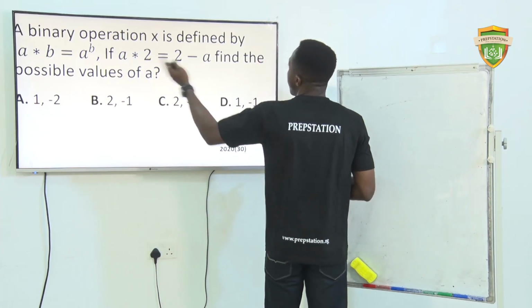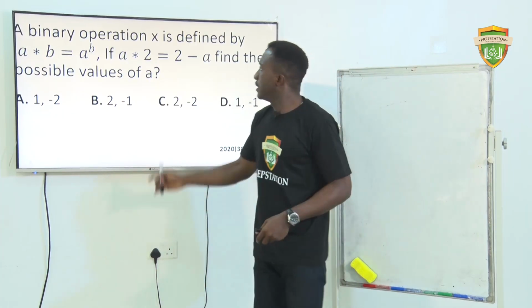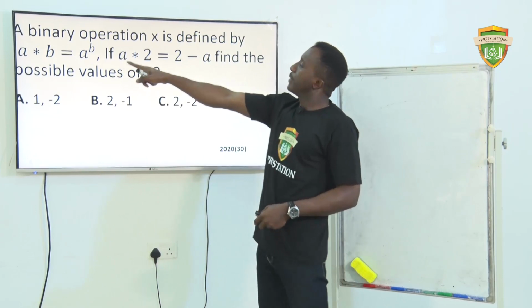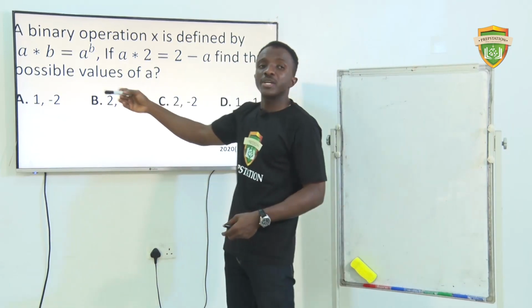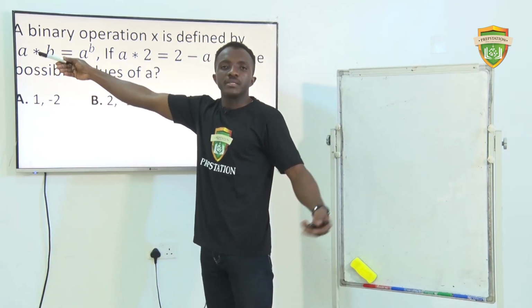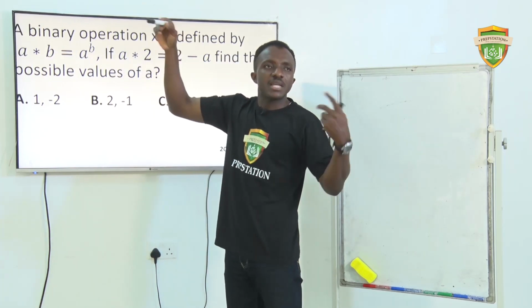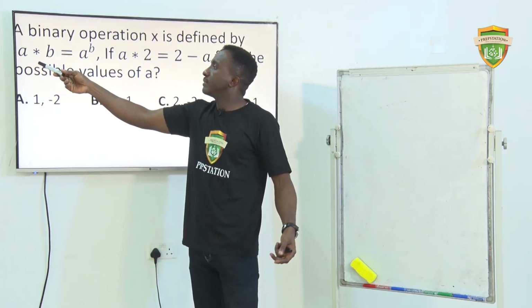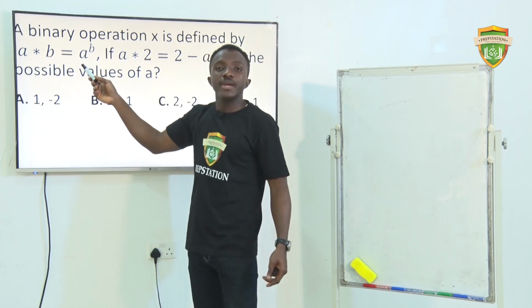To solve the question, a binary operation star is defined by a star b. This is actually an operator, so it can be anything. You can see any symbol, any sign. So a star b equals a raised to power b.